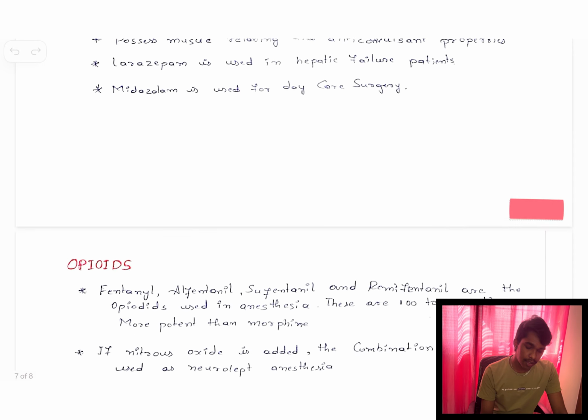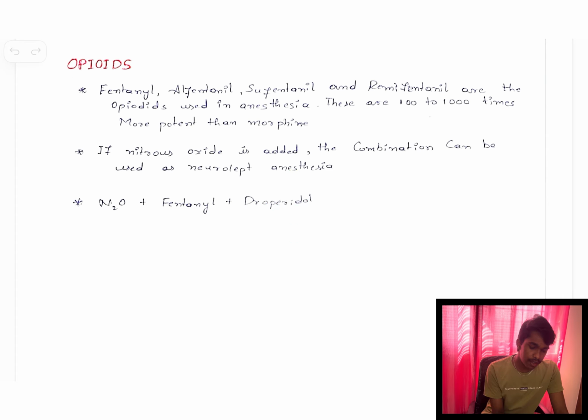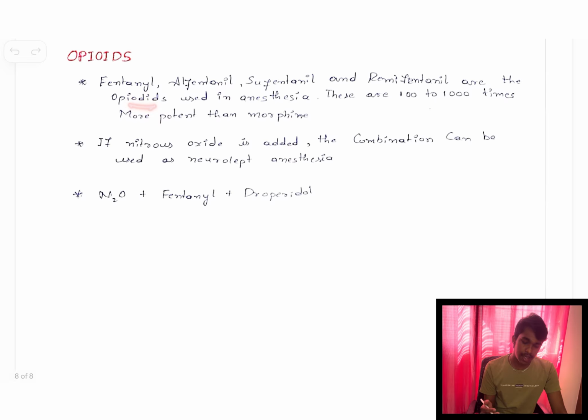Now we are at the last topic and last slide of this video, that is opioids. Under opioids we have fentanyl, alfentanil, remifentanil, which are the opioids used in anesthesia, and they are 100 to 1000 times more potent than morphine. I have already told you, also in the starting of the class, that there is neuroleptic anesthesia.